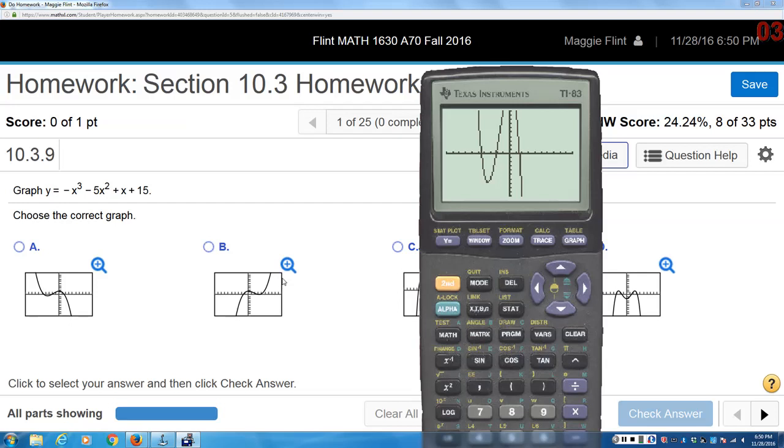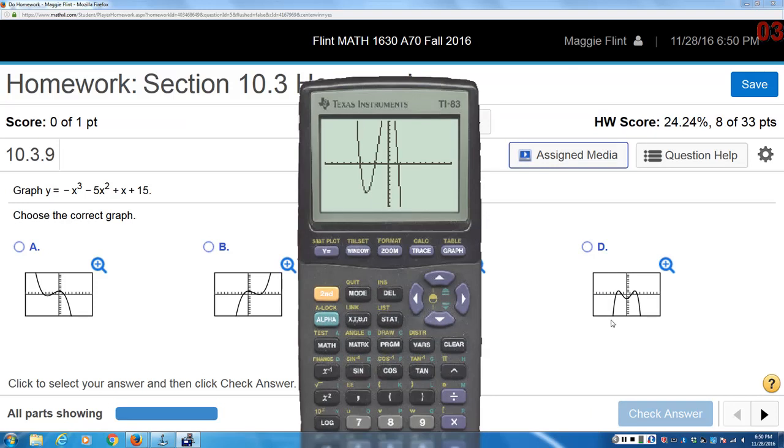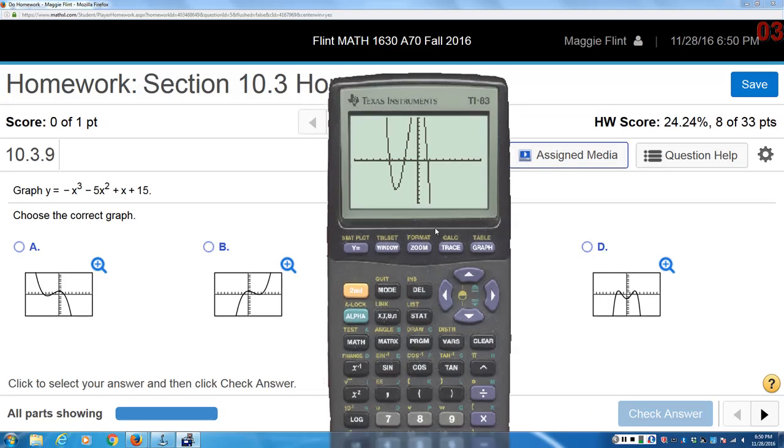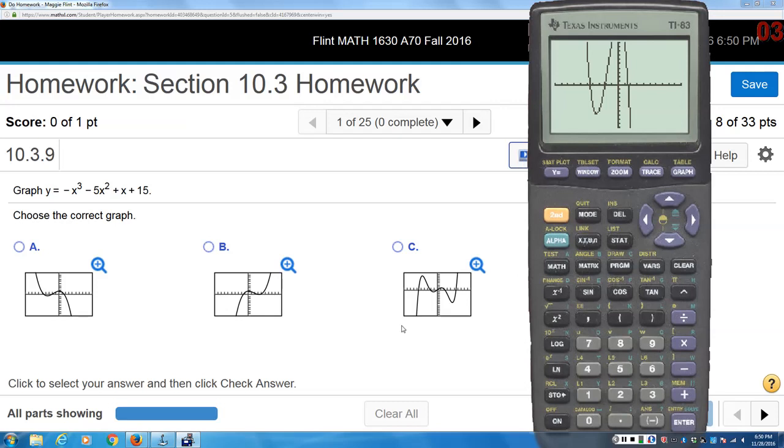I don't really know, but I can tell one thing for sure. I know that it isn't behaving like that, because it doesn't come from the bottom and wiggle around and go for the top, so that's not right. I know it doesn't do that either. It doesn't look anything like that. It doesn't look anything like this. So the only one it truly looks like is A.